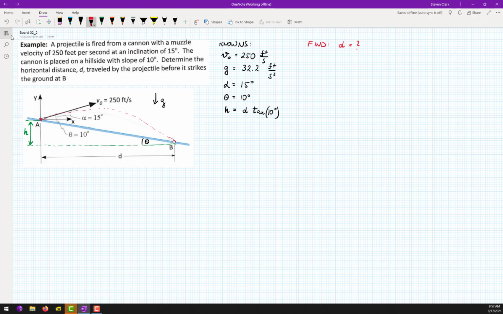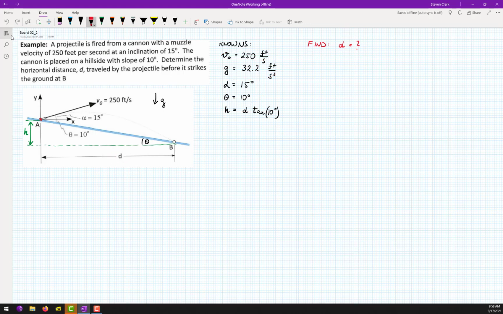And they gave us the initial velocity. We know that we are on Earth, so this is our gravity. We know the geometry, and they just ask us to find this distance, the distance d.